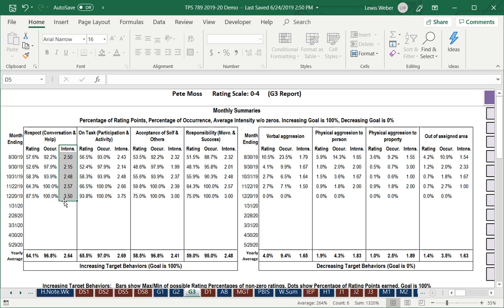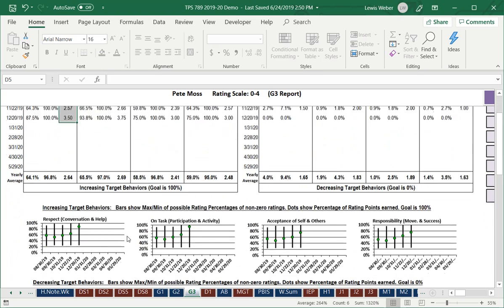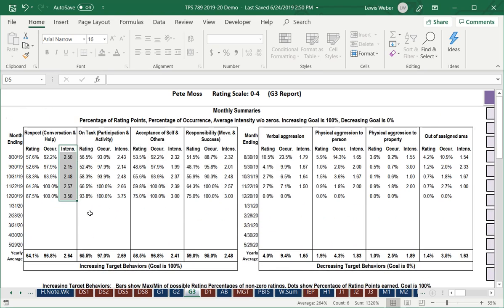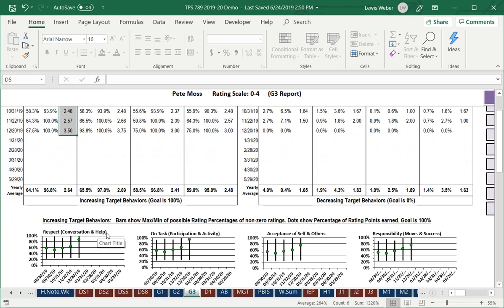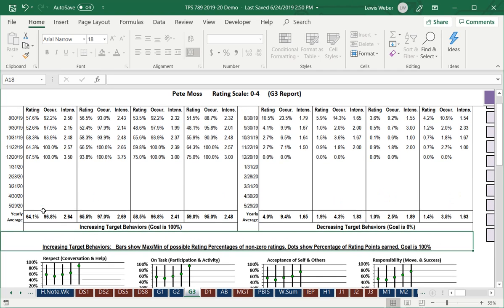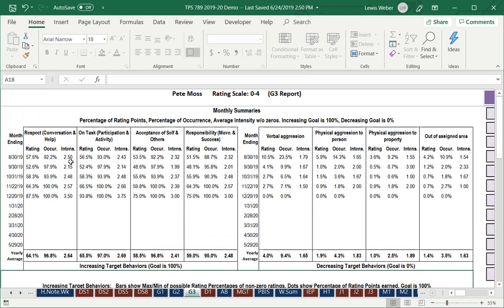Not only gives them the numeric values, but it keeps them separate as opposed to having to combine it all graphically. But it's all here. One of the great things about TPS is you collect the ratings and TPS does the rest. And so it's here if you want to use them. And I certainly encourage you to become familiar with those G3 graphs.